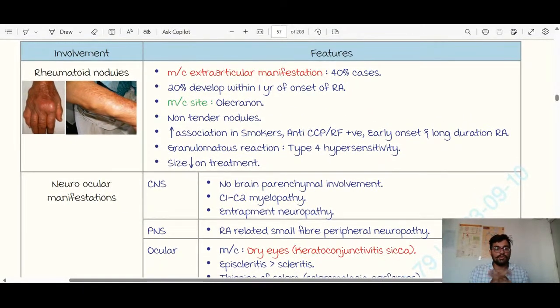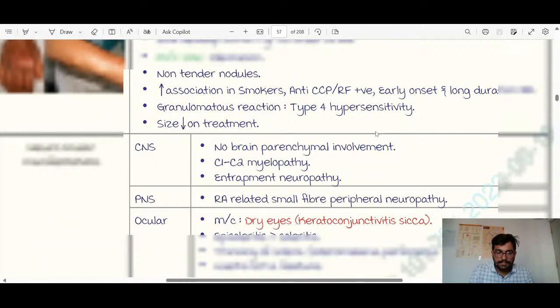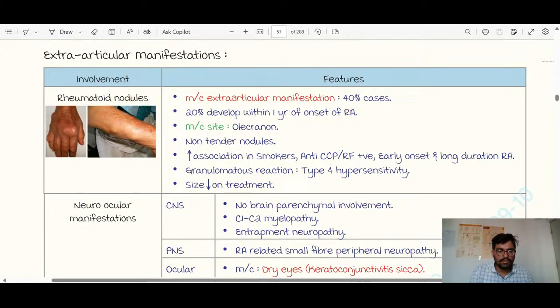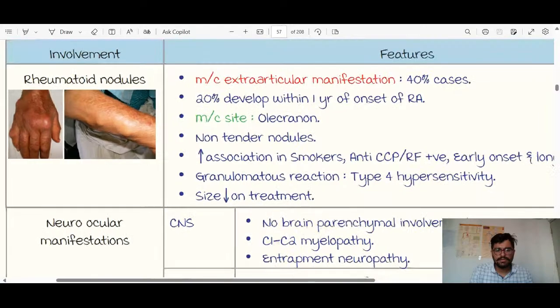One is a rheumatoid nodule. What is a rheumatoid nodule? Here you can see clearly in the diagram. I will focus on the first. Our aim is to understand, not to go deep. Rheumatoid nodule is an extra-articular manifestation. 40% of cases, 20% within 1 year of onset.